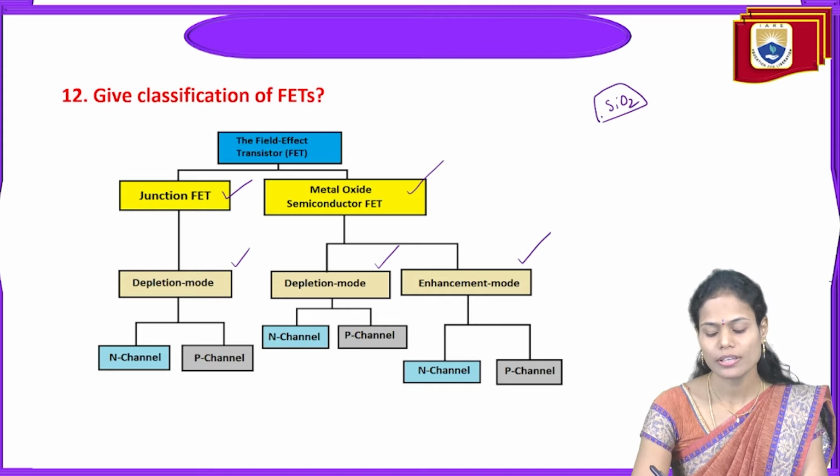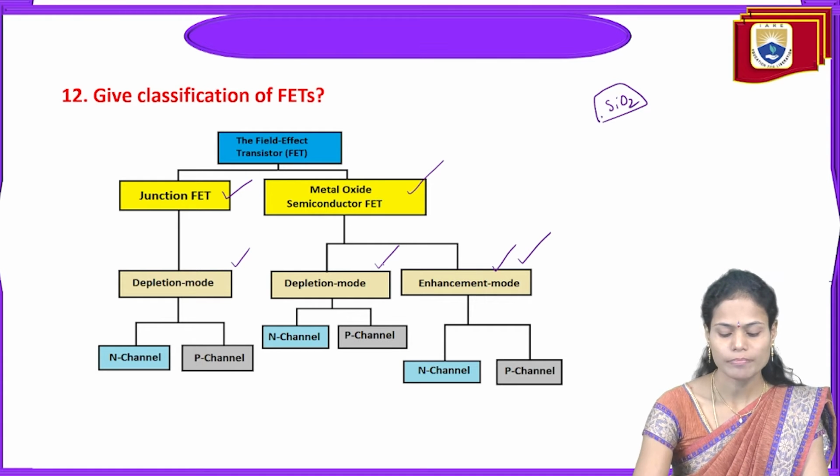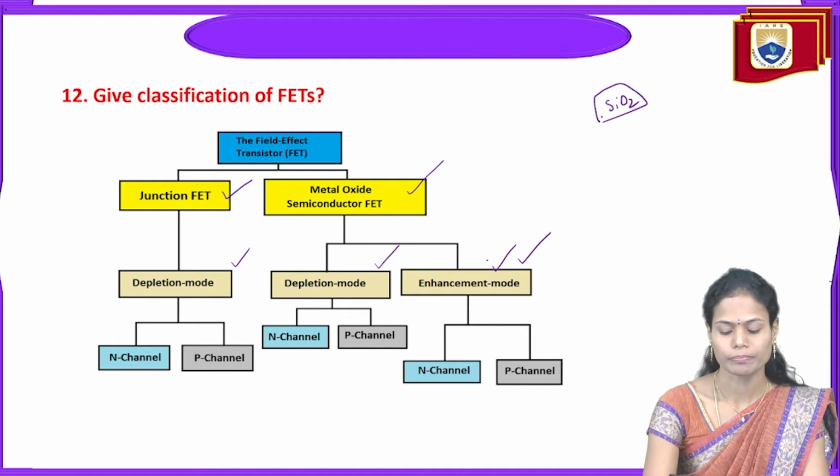But in the case of enhancement mode transistor, there is no physical channel between the source and drain terminals. Because of the application of the input voltage, the movement of charge carriers will happen between the source and drain terminals. Because of that movement of the charge carriers only, the channel exists in the case of enhancement mode. But physically, there is no channel between the source and drain. So that is the basic difference between the depletion mode and the enhancement mode.